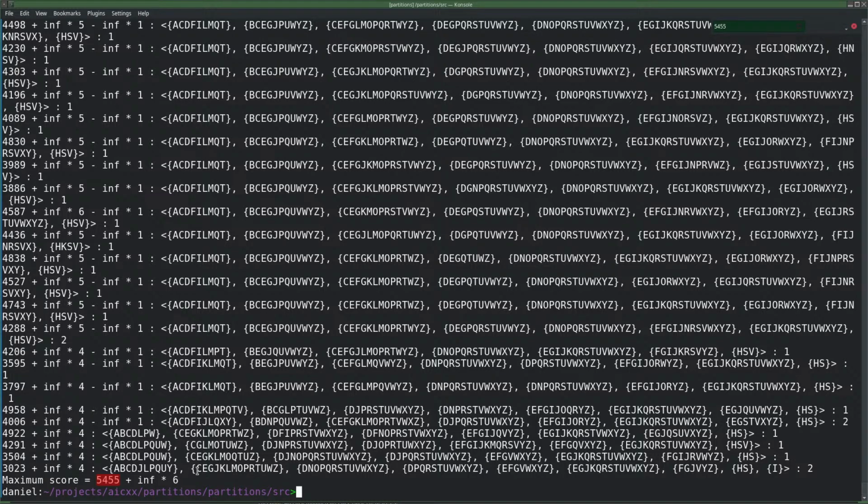This one has already 14 elements, and that's 14 factorial possibilities. Where's my calculator? I don't know that it is a big number.